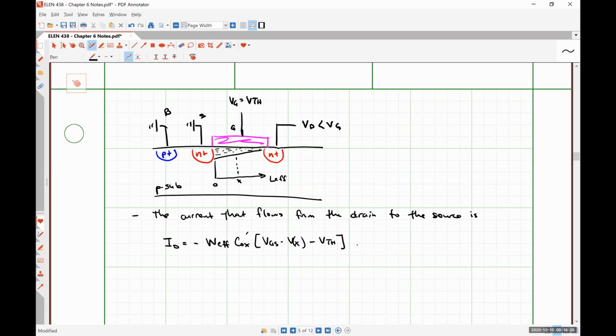So that's our charge distribution multiplied by our velocity. It's the same exact equation that we had for our bar, charge distribution multiplied by velocity, and the negative sign is coming from the fact that the charge is moving in the opposite direction as we've defined our length.